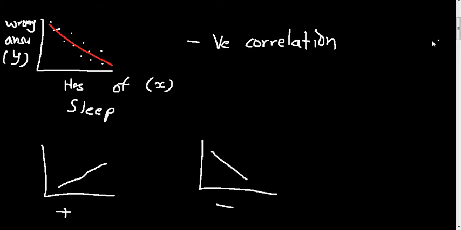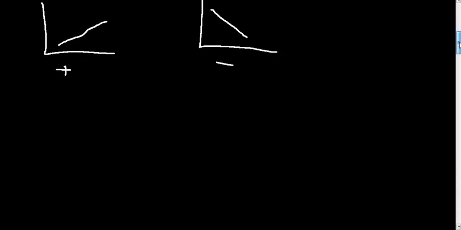Good. Let's look at a situation where there is absolutely no correlation between two variables or two quantities. Let's just say you're trying to look at the correlation between those who have obtained marks for maths and those who have obtained marks for music.